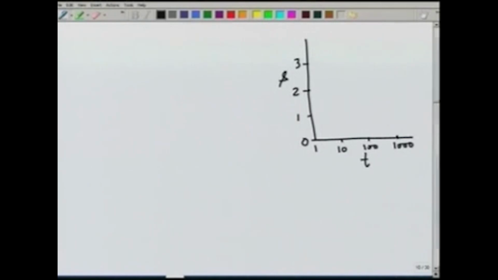The data, once it is plotted on this, let us say the data points lie like this, in which, as you can see, there is a straight line which fits the data, but some of the data which are circled here will not fall on the straight line.